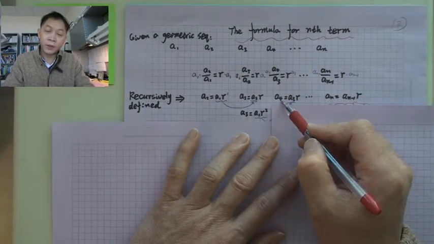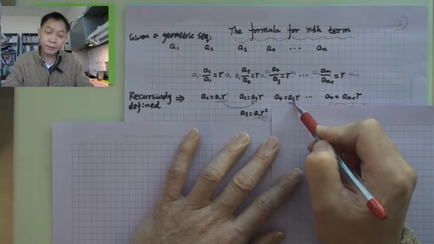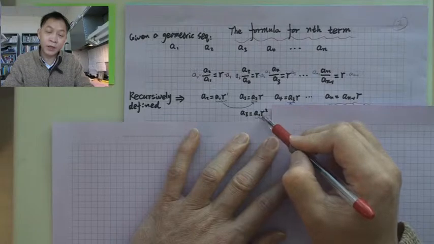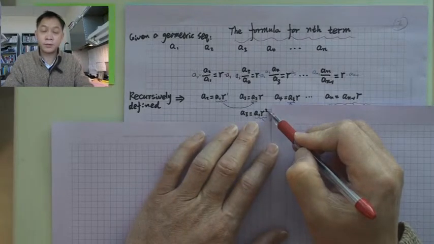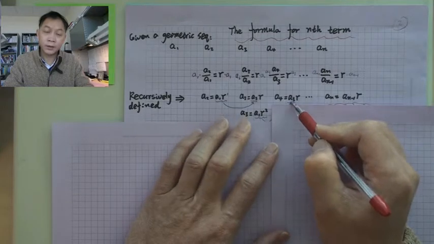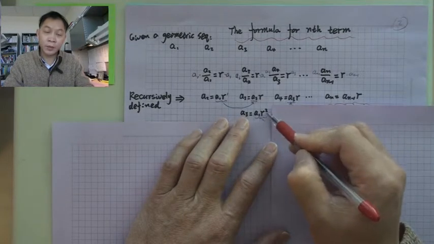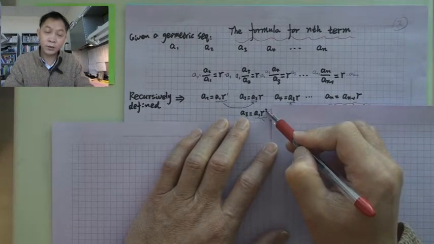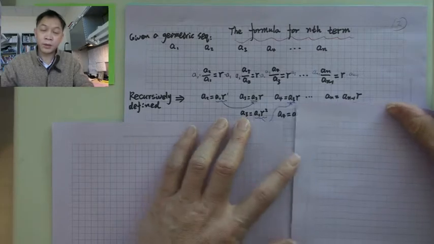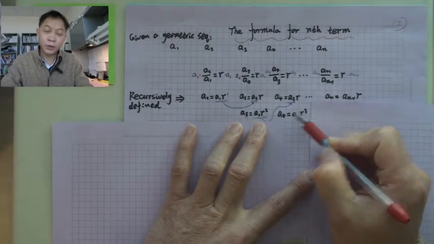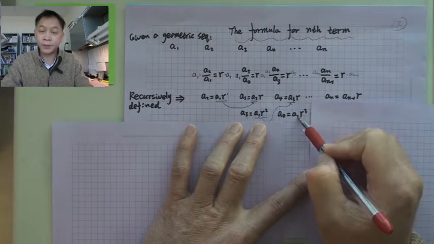Now A4 depends on A3, but A3 is A1 times R squared. There is another R down here, so R times R squared is R cubed, and you have A1 here.